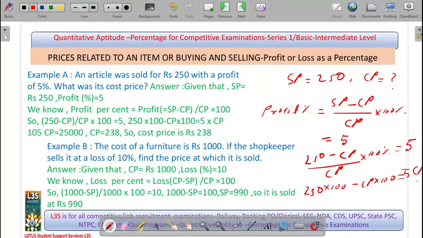If we take this one, 250 into 100 equals 100 plus 5, 105 CP. So CP will be 250 into 100 by 105, and this will be equal to 238. This is how we have to do it.